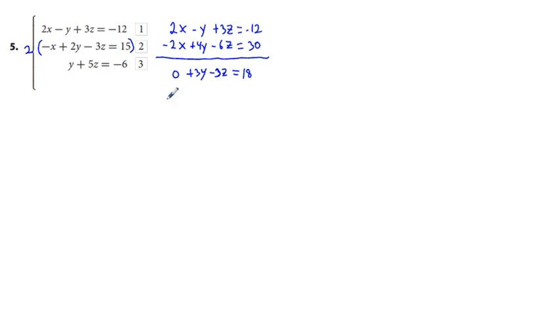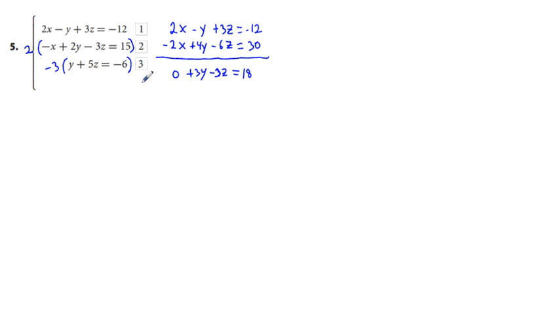And next, we've eliminated the x's really from these two, and so we're down to 2 equations. So I'm going to take this last equation here and multiply it by negative 3.